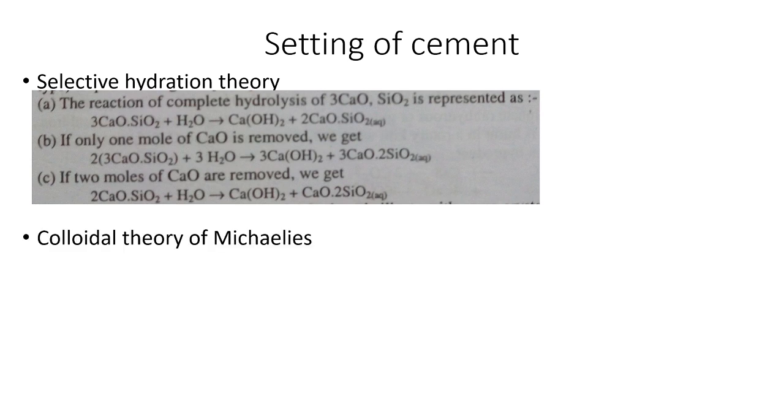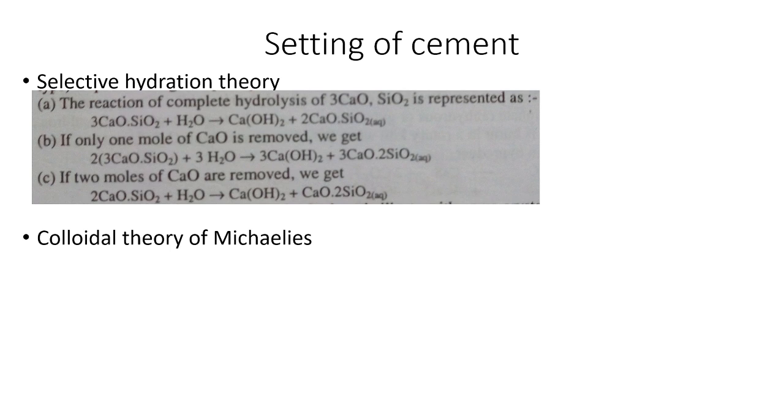There is one more theory, that is the colloidal theory. According to this theory, the action of water on cement brings about two types of reaction. First, a solution of lime, aluminates, and other compounds of cement is formed. When water is added, calcium hydroxide and other products pass into solution.